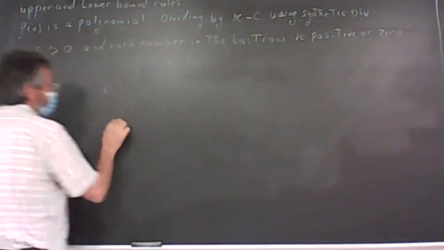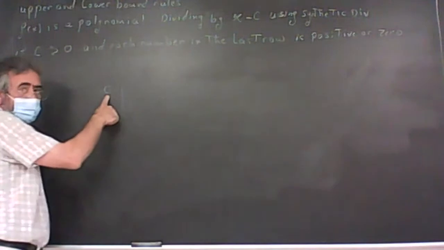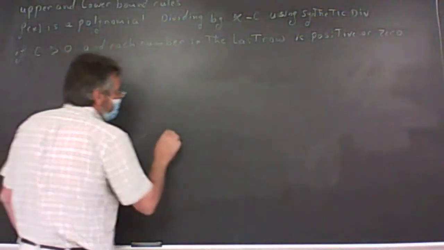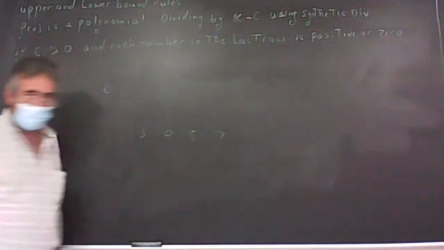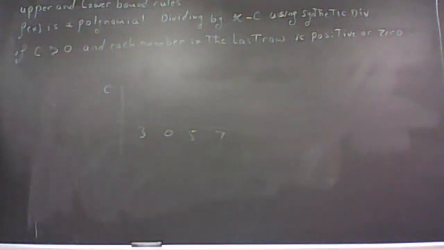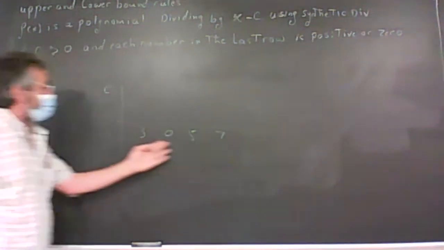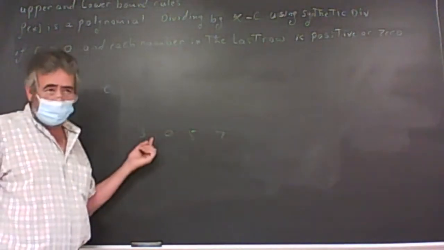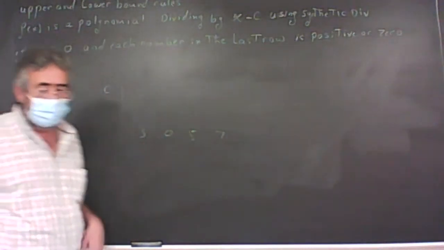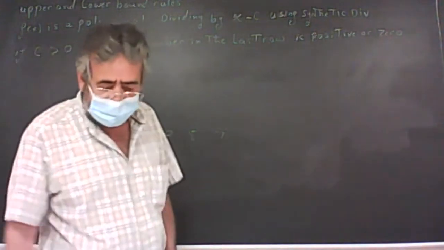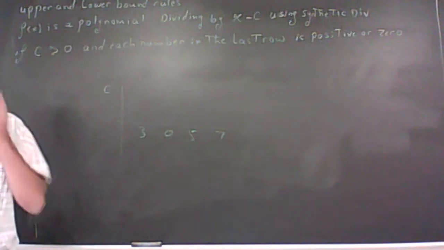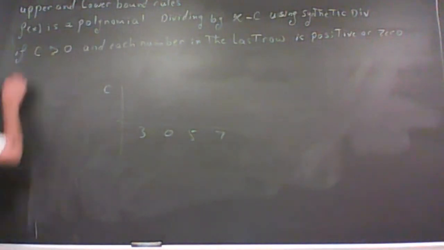So let's see one more time. I'm doing the c over here. c is a positive number, right? Let's say, for instance, I got a 3, 0, 5, 7 here. And all of these numbers are either positive or zeros. What does that mean to me? It means then c is an upper bound.